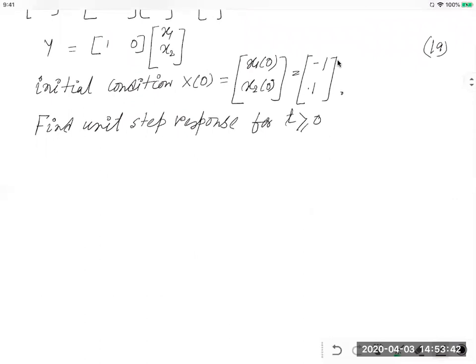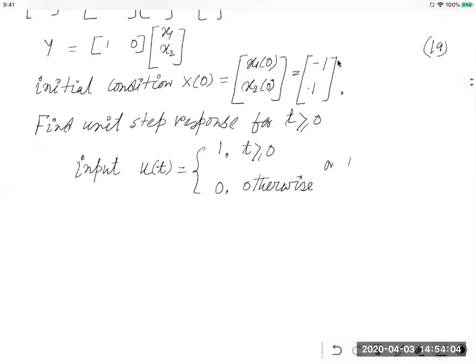That is, input u(t) is equal to 1 for t greater than or equal to 0 and 0 otherwise, or in frequency domain U(s) is equal to 1 divided by s.